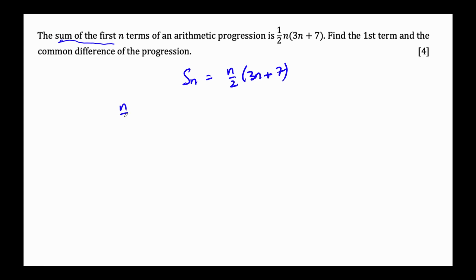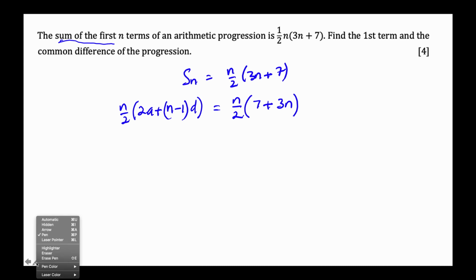So n over 2 times 2a plus n minus 1 times the common difference. And on the right side, we just write the same thing, maybe we put 7 first and then 3n after that. Look at the structure.